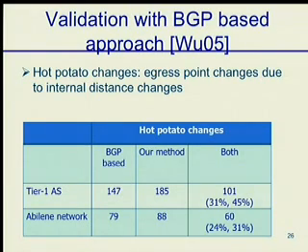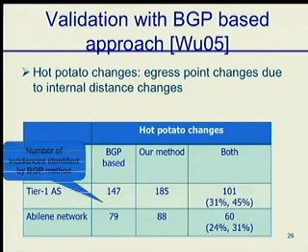So we did validation. As you can see, the number of incidents identified by BGP methods is 147, and our method is able to identify more. This means that the BGP method is not necessarily always accurate, because there are a few others that it misses.